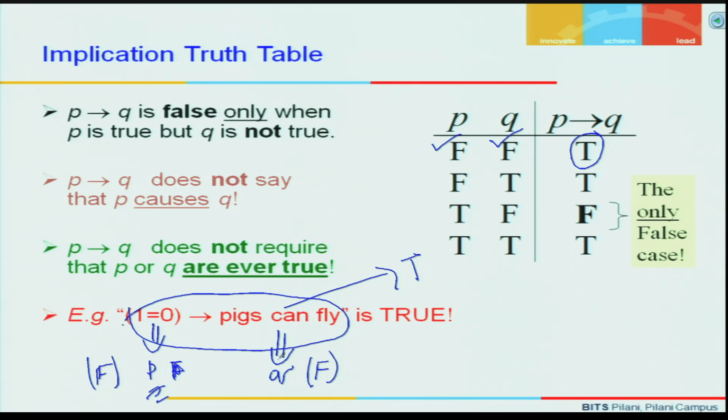Pigs can fly is another proposition which assumes the value false, there is no confusion about it. Now we would like to know the truth value of the resultant statement. We go to the truth table and see, when P happens to be F and Q happens to be F, what is the value of P implies Q? It is true, hence this compound statement has truth value true. That is how we do it.